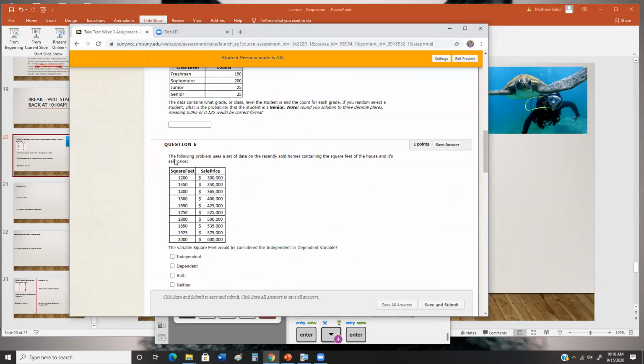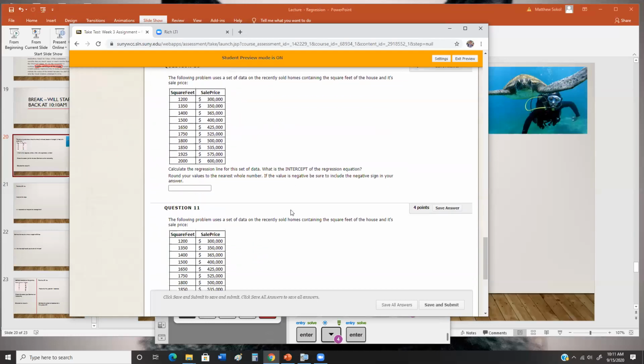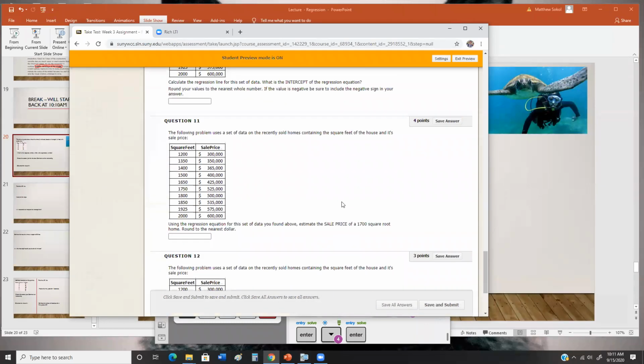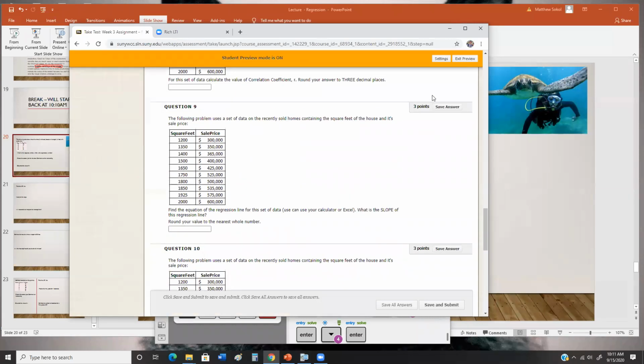But then once you get to question 6 and on, it's all this linear regression stuff. And when you go to plug this into your calculator, just plug the values exactly in as they are, 1200 and 300,000. You don't need to edit anything down, just plug them in exactly like that. And then this next example will show you exactly how to do that.